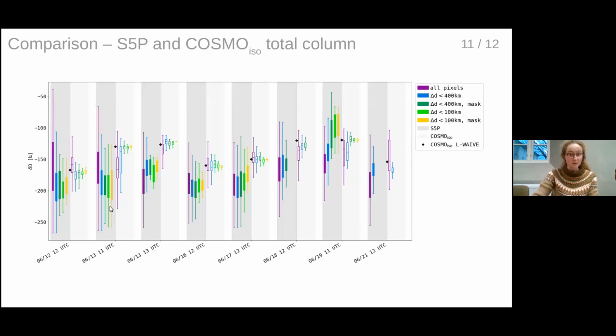If we look now at all the overpasses, first of all, we see for some of them a similar behavior, for example on the 13th of June, where we also see these green distributions fitting quite well to the true value. But we also still see some differences between the retrievals and the Cosmo simulations, which can be around 50 per mil. This can be either due to model shortcomings, but also problems with the retrievals.